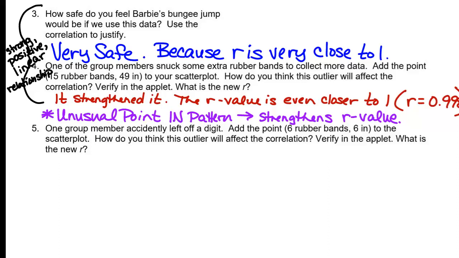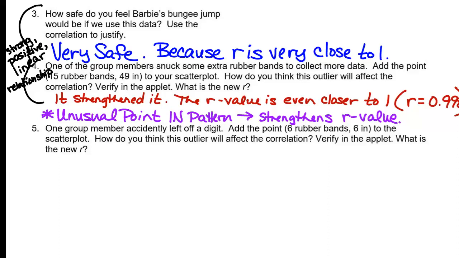Check out that scatter plot now. How do I get to the scatter plot again? Zoom 9. What do you notice? I would still describe this as a linear relationship.